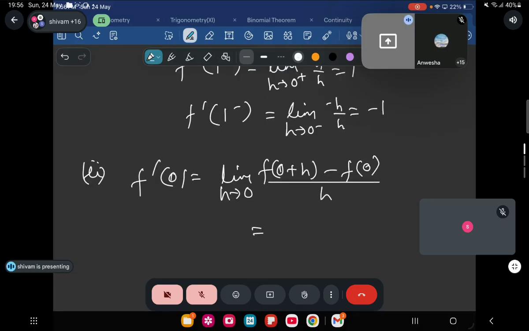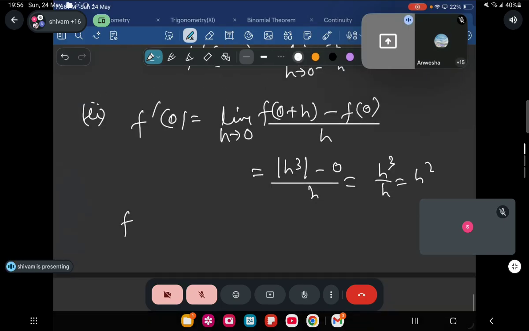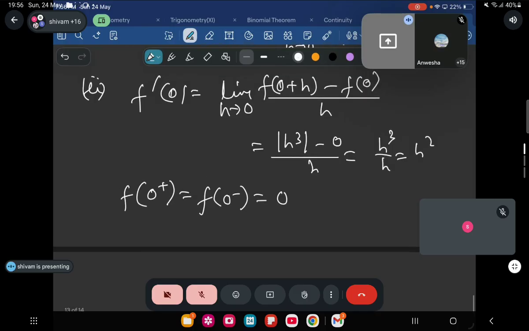So f of 0 plus h means f of h, which is mod of h cube, minus f of 0 which is 0, divided by h. Mod h cube is h cube only. That is h cube by h, which will become h square. So what is f dash at 0 plus and f dash at 0 minus? They both are same. Okay, so it is differentiable.